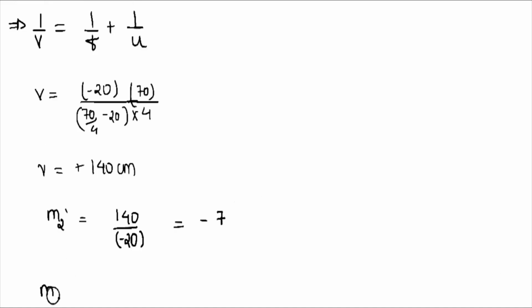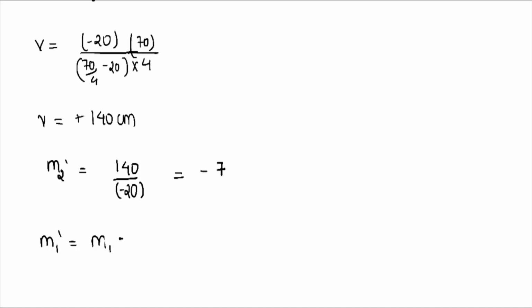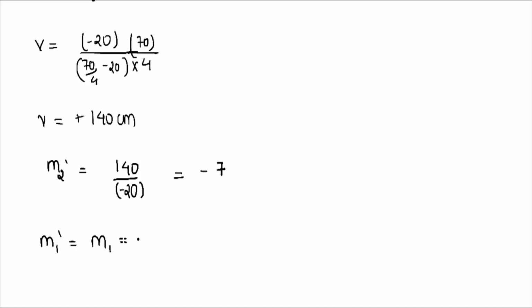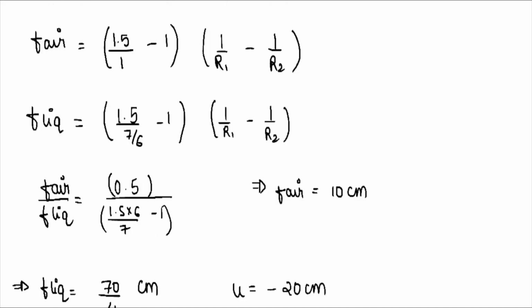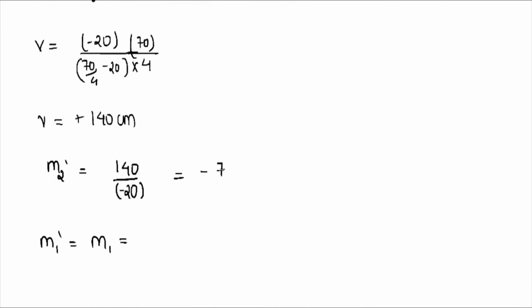Now our M1 dash will be equal to M1, because the change in medium will not affect the image by the concave mirror. So M1 is minus 2.